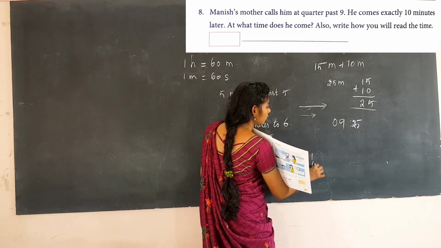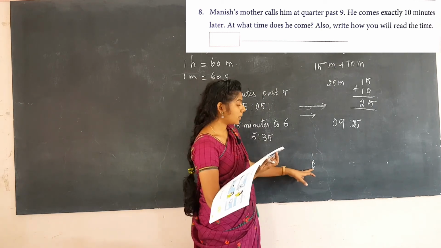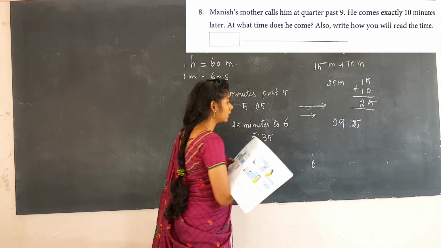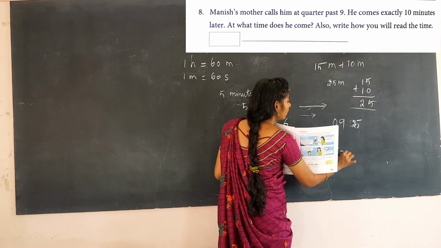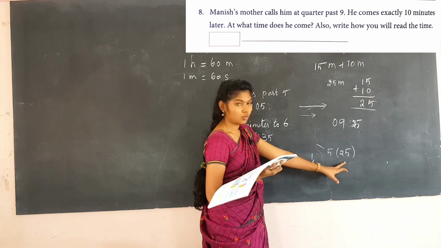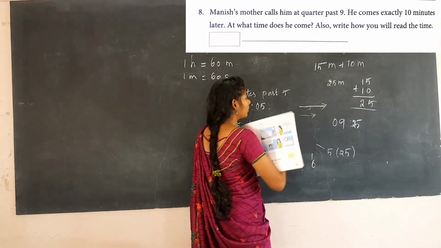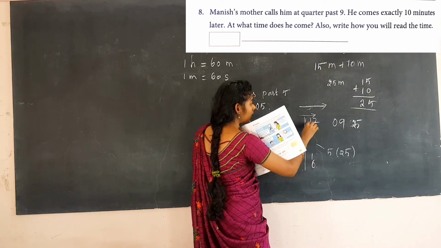25 minutes past. When the long hand is at 6, it means 30 minutes. But here it is at 5, so it is 25 minutes. You write past because the minute hand is on the right side, in the half from 12 to 6.